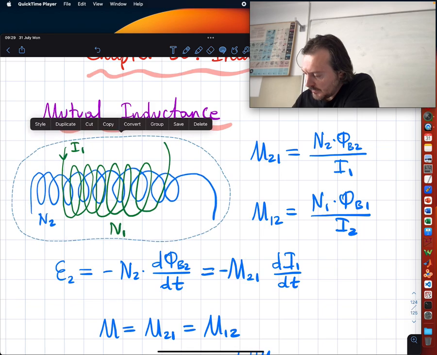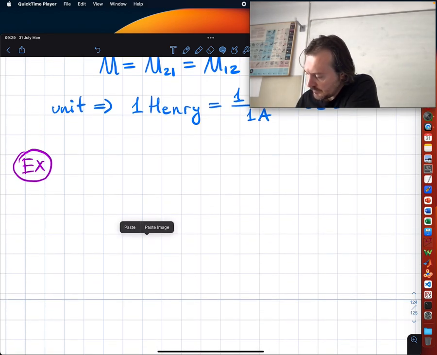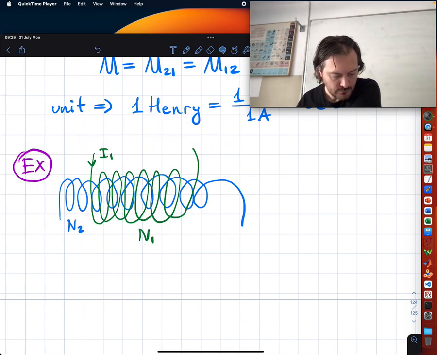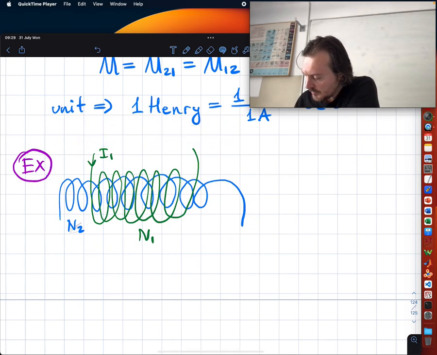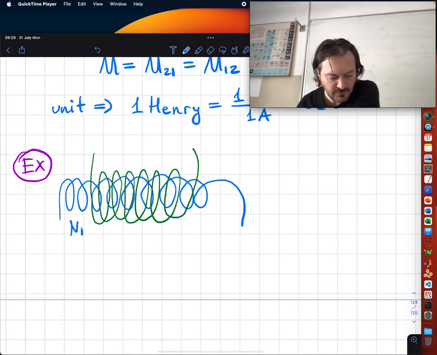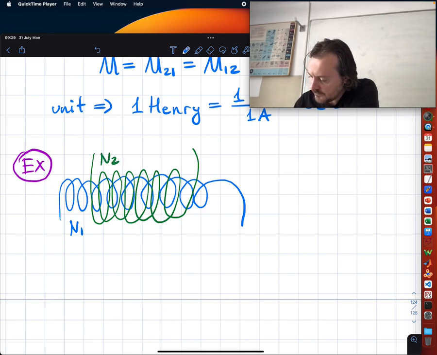So let me copy it, paste it in here, but I'm going to change the values. So I'm going to use this first one as N1, the second one as N2, and the first one will have an area. Let's say the area over here is A1.